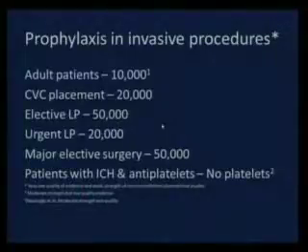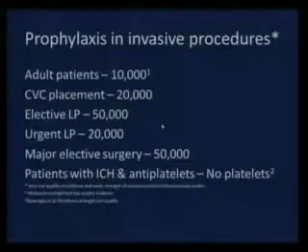Number one, adult patients with platelet counts less than 10,000, moderate strength evidence that we should transfuse platelets. Other scenarios like central venous catheter placement, we usually transfuse platelets if less than 20,000. Elective lumbar puncture, 50,000. Urgent lumbar puncture, 20,000.